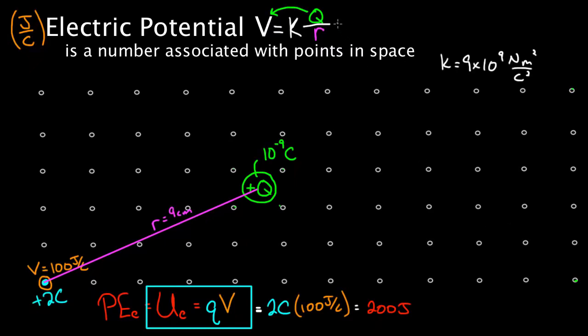We've got our formula. The V would equal, my K is 9 always, times 10 to the 9th, in newtons meters squared per coulomb squared. And then I multiply by my charge. I told you that the charge here was 10 to the -9th coulombs. This is a 9. And I divide by the R value, which is 9 centimeters, but be careful, everything's got to be in terms of meters, kilograms, and seconds when you're doing physics with constants.